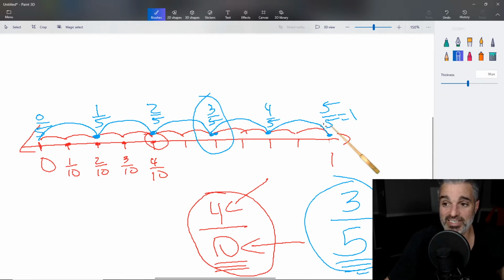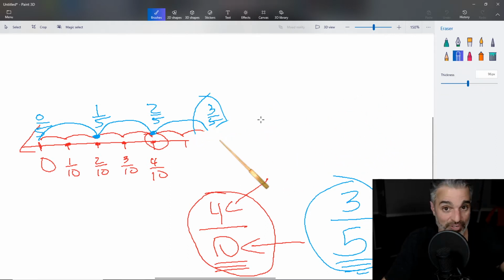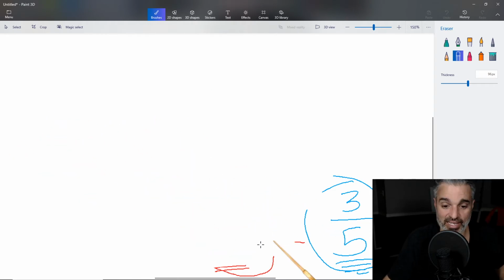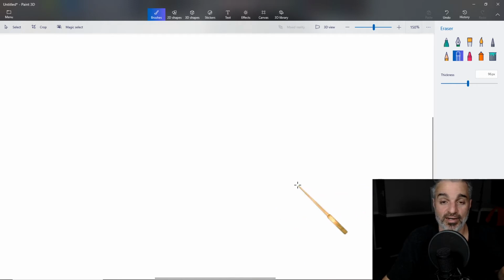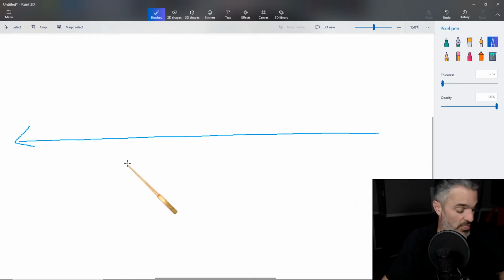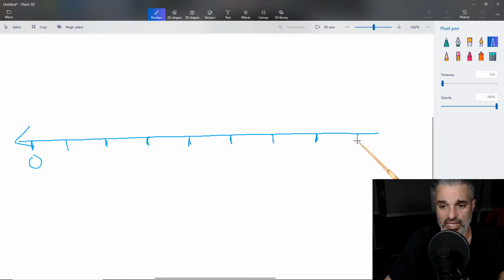Third page is basically the same thing, but reverse. You're going to be given a number line with a marking, and you have to tell which fraction that is. Well, let's do the number line here. You have a number line, and let's say this is 0, 1, 2, 3, 4, 5, 6, 7, 8.